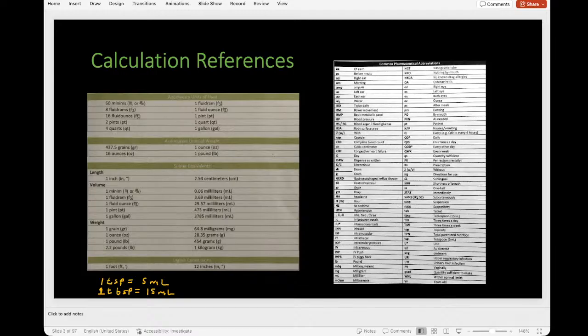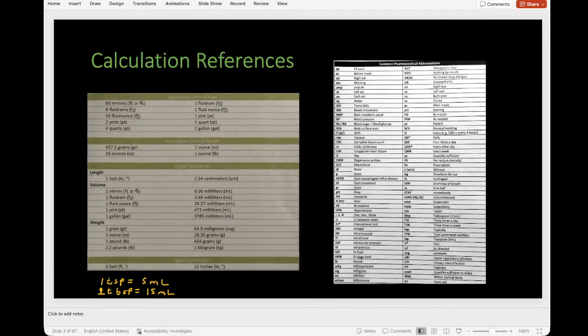You have the 60 minims, 8 fluid drams, 16 fluid ounces, 2 pints, 4 quarts, all those liquid amounts, units that you should be familiar with, or at least have memorized as you're taking your pharmacy calculations course in school, or when you're preparing for the NAPLEX pharmacy boards exam.